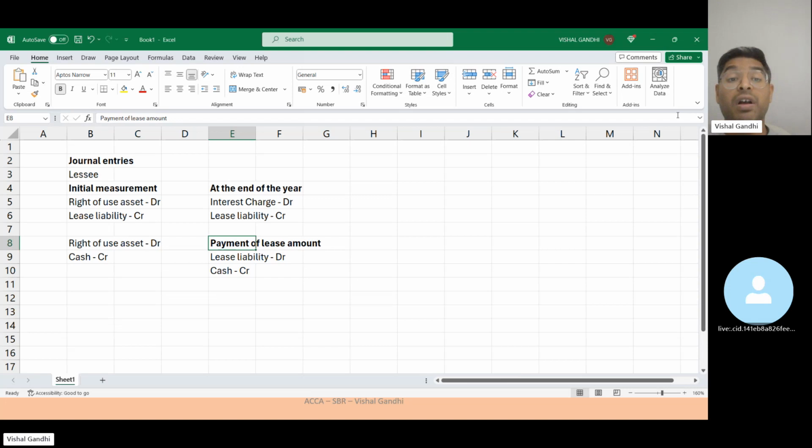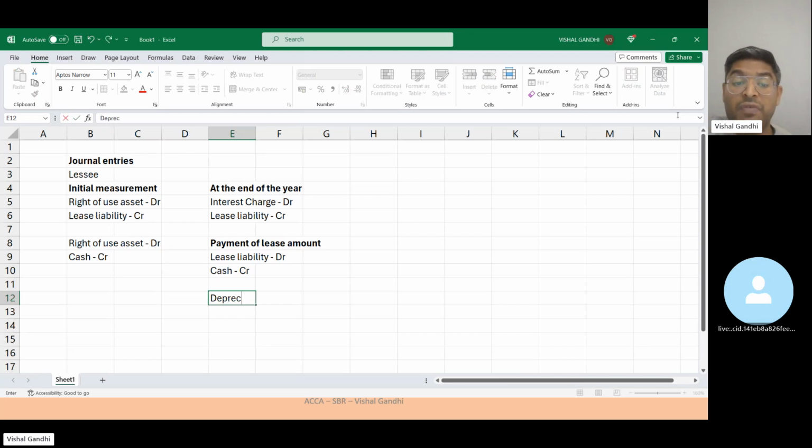Okay. Now what about the right of use asset? Depreciation will come, right? So we need to pass a journal for depreciation.